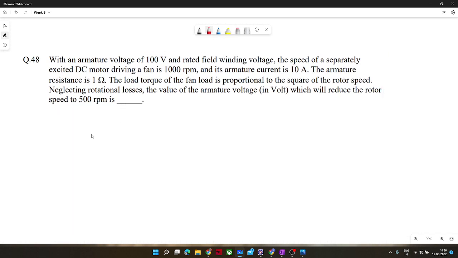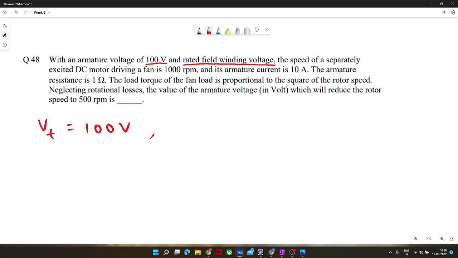So in this problem, it is saying an armature voltage of 100 volt. Armature voltage means terminal voltage, that is 100 volt, at rated field winding voltage, right? Why rated? To operate in the constant torque region, we always need rated flux, right?